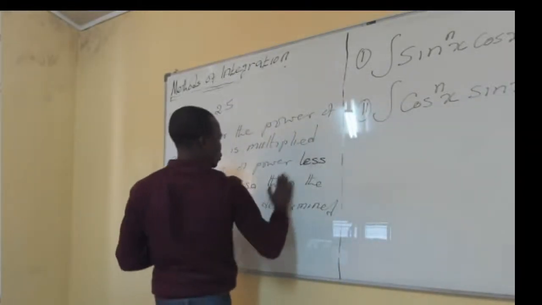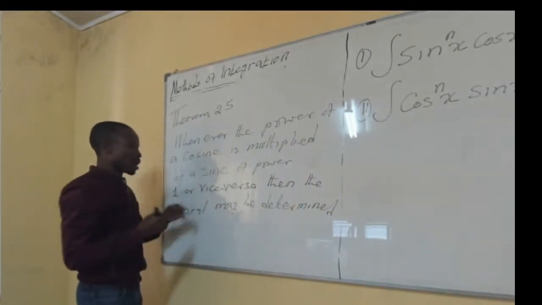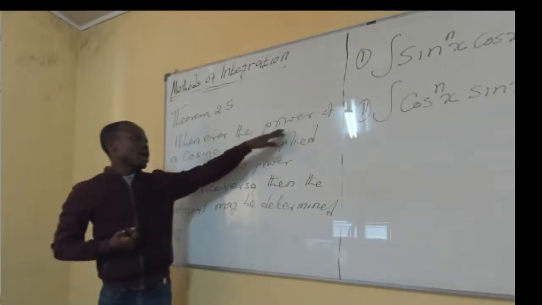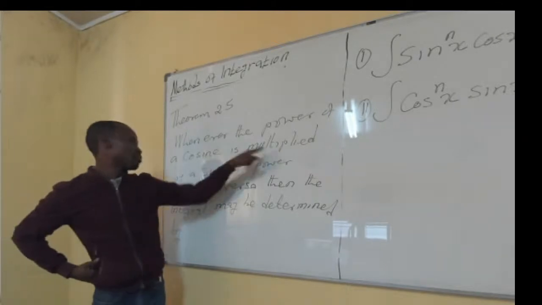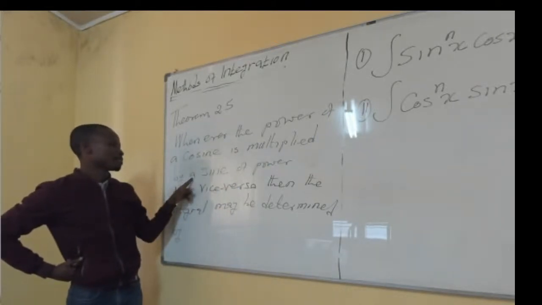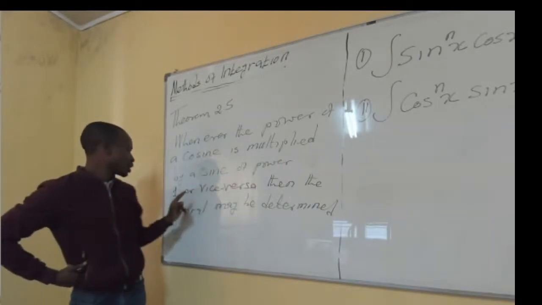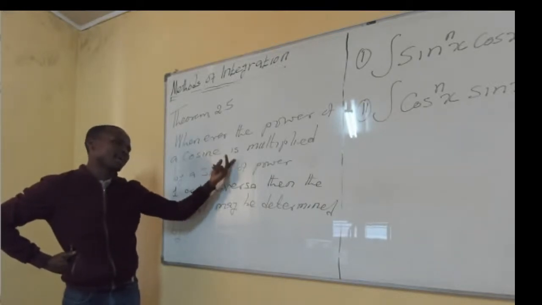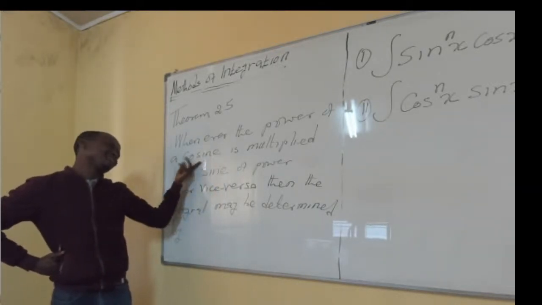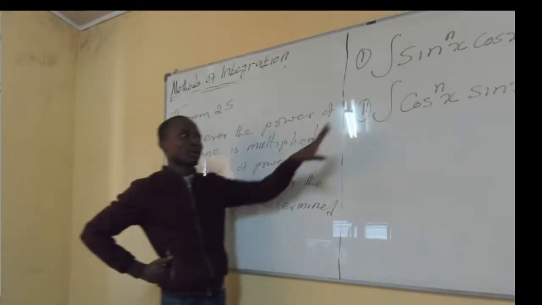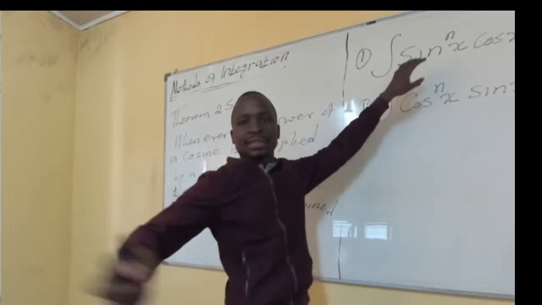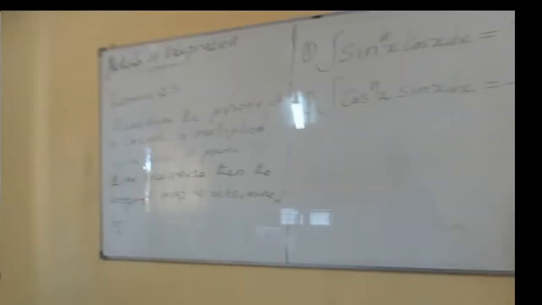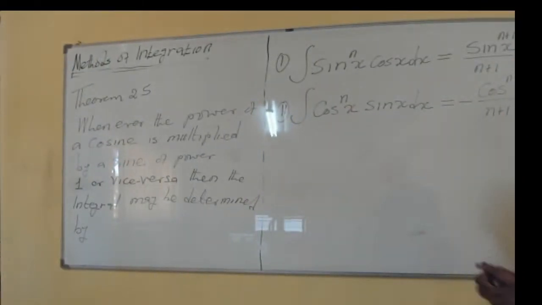The statement was correct: whenever the power of a cosine is multiplied by a sine of power 1 or vice versa, or a sine of any power multiplied by the cosine of power 1, then the integrals can be determined by these two formulas.